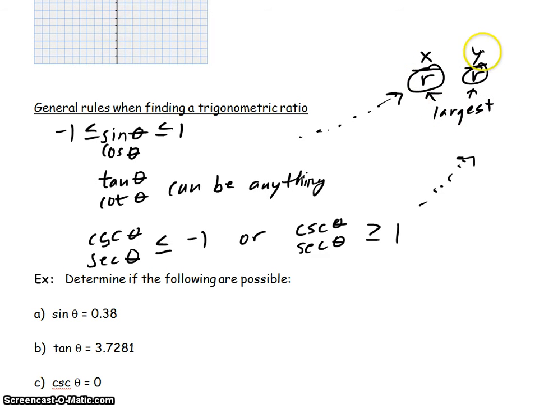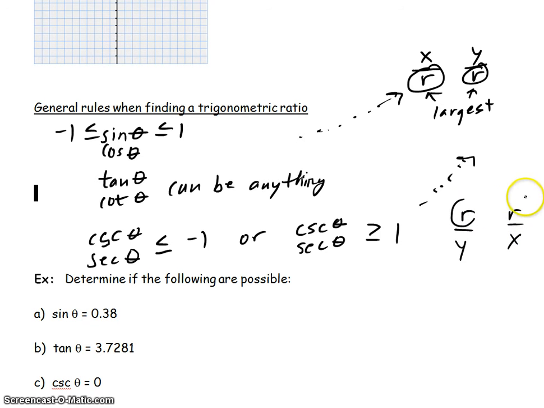x is never going to be bigger than r. y is never going to be bigger than r. So the biggest that it can be is that they're the same. So the biggest they can be is 1. Likewise, the smallest that it can be is -1, because this will never be bigger than that. When I use cosecant or secant, it's always r over y or r over x.